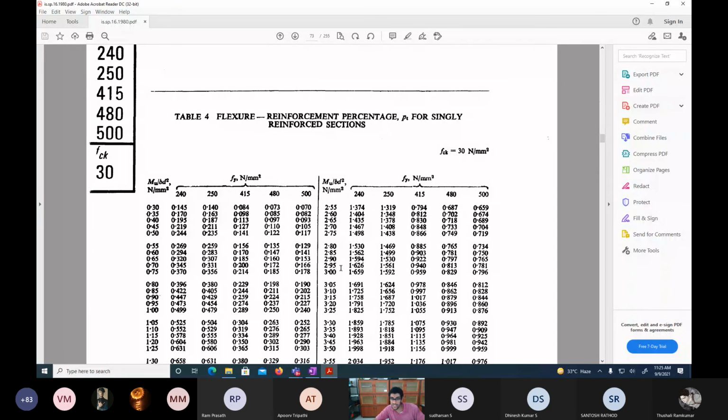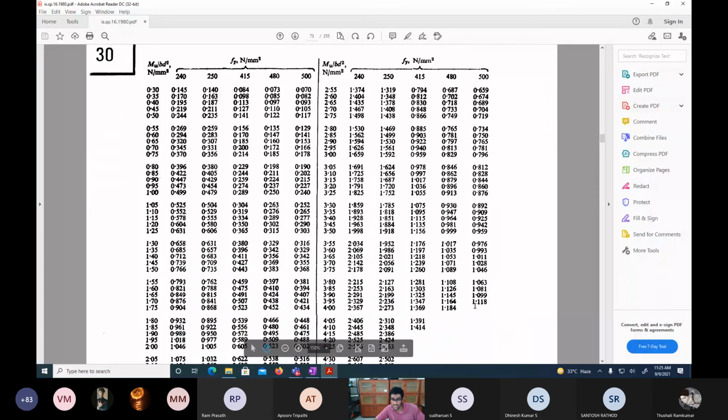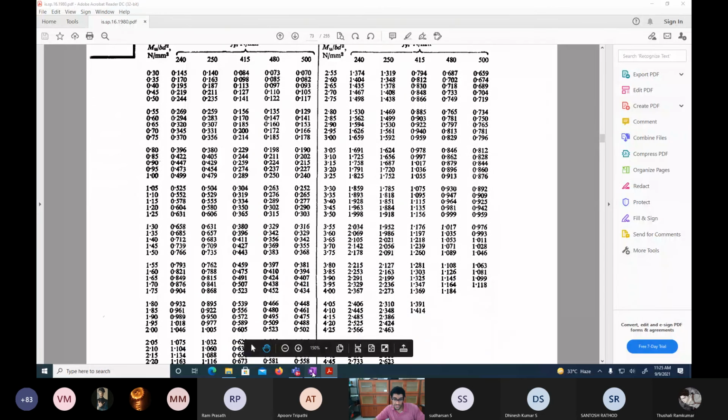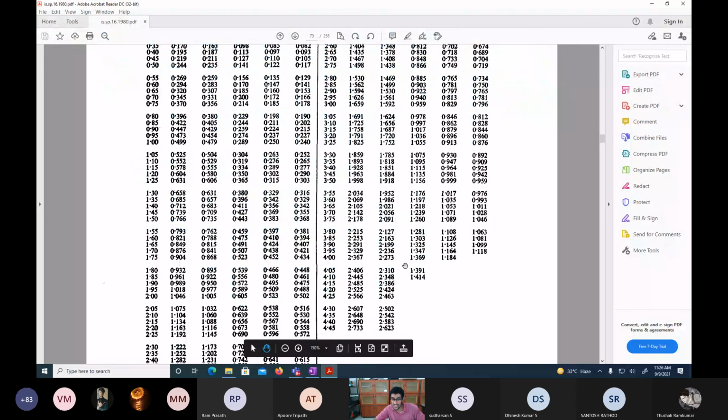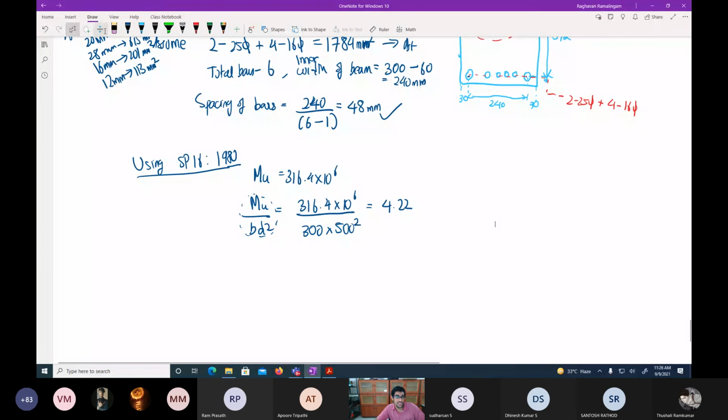What we got for Mu by bd square is 4.22, which is not there, meaning that if I have to give more than this, I'm going to become over-reinforced. So if you don't get that value in this table, you have to increase the depth. So probably I can make it, say, 550 square.